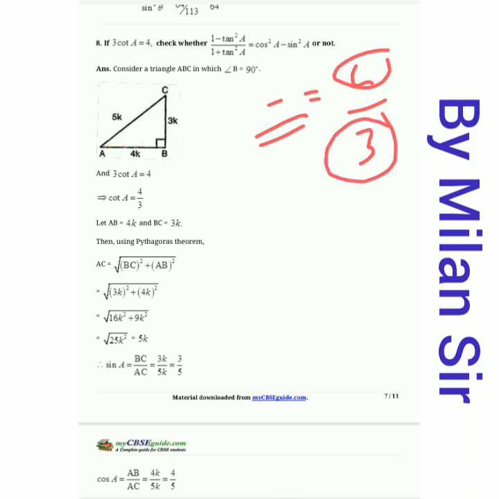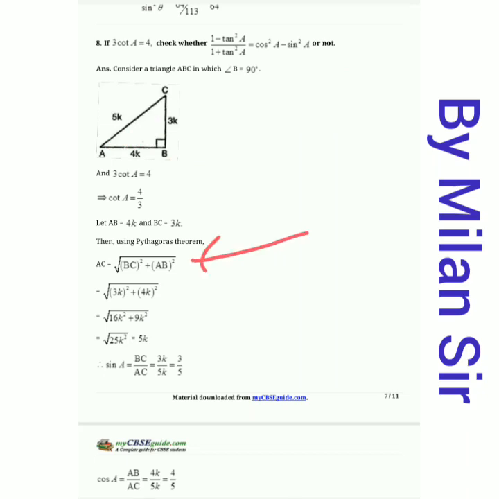Okay, then find AC by using Pythagoras law. Now you know this, AC is equal to under root of BC square plus AB square. BC is equal to 3k, AB is equal to 4k, and square. So 3k square is 9k square and 4k square is 16k square, right?